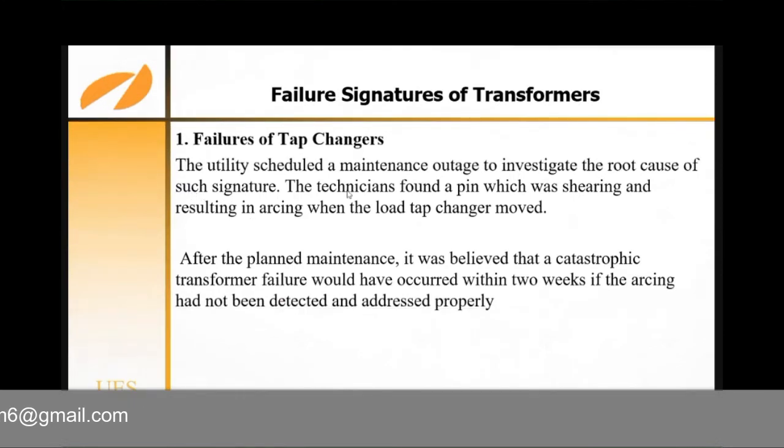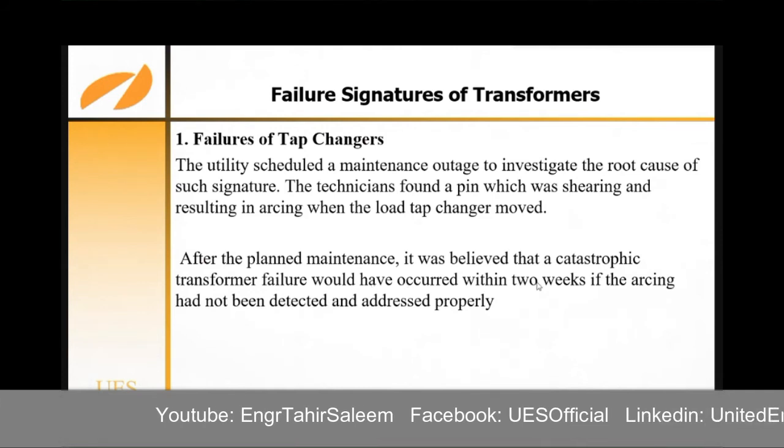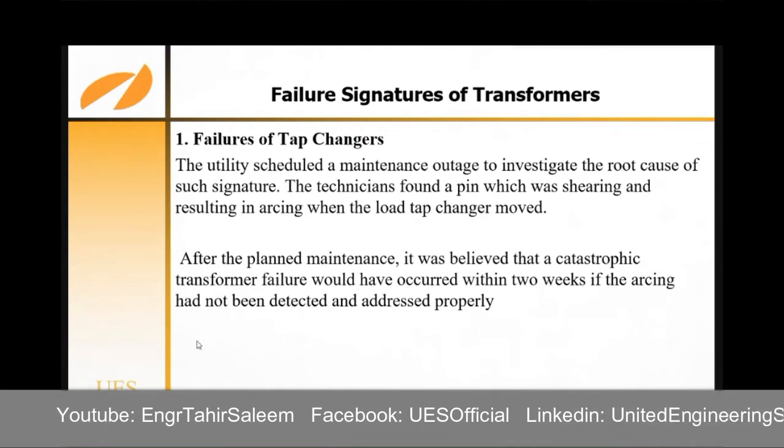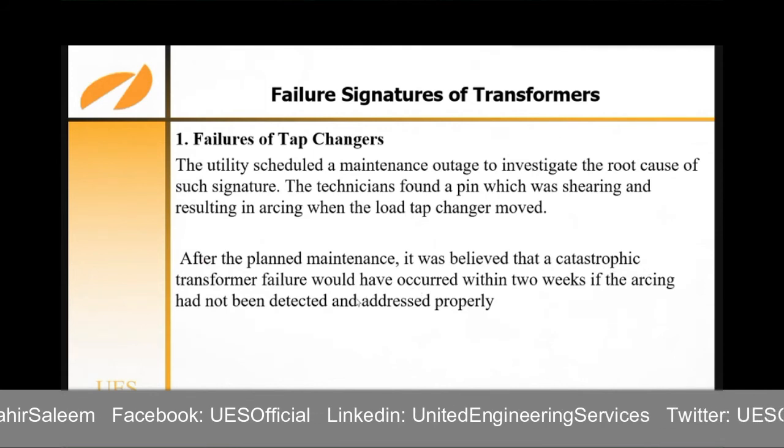The utility scheduled maintenance to investigate the root cause. The technician found a pin which was shearing, resulting in arcing when the load tap changer moved. After the planned maintenance, it was believed that a catastrophic transformer failure would have occurred within 2 weeks if the arcing had not been detected.